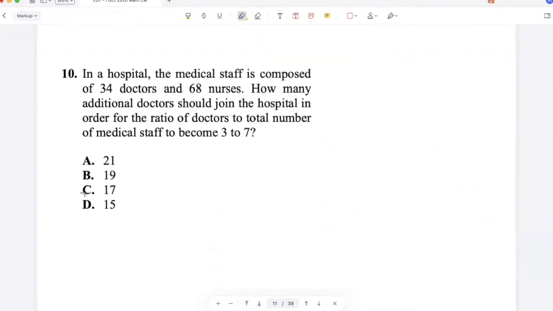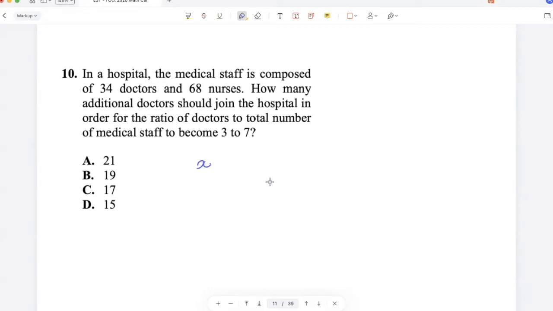In a hospital, the medical staff is composed of 34 doctors and 68 nurses. How many additional doctors should join the staff in order for the ratio of doctors to total number of staff to become 3 to 7? Okay. So let's say that X doctors join.